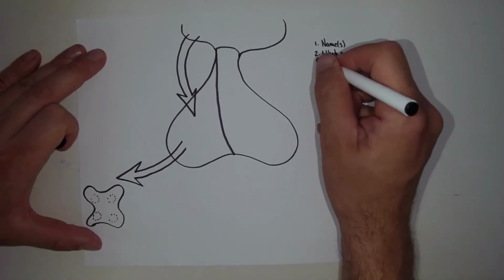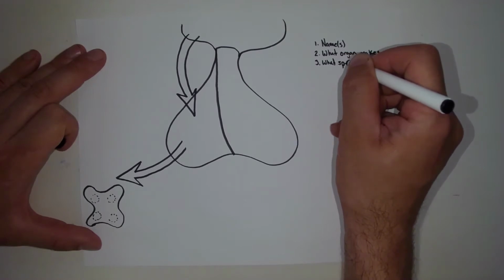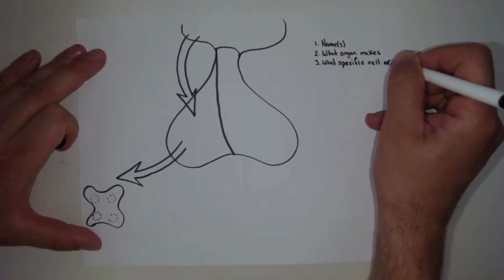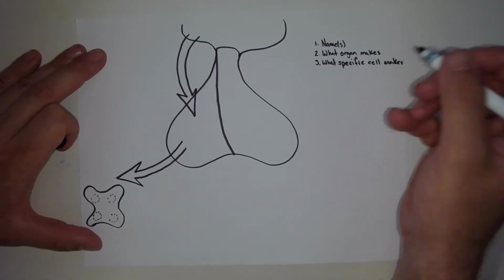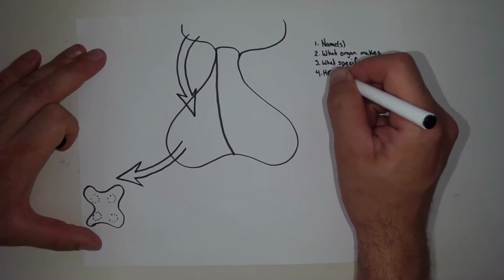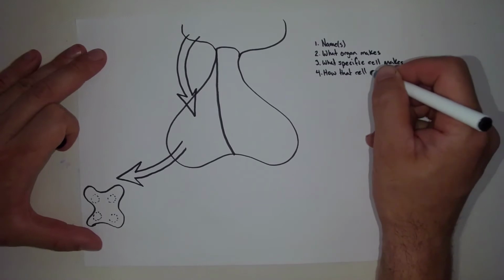We can also ask what specific cell makes that hormone. We can also ask how that cell makes the hormone.